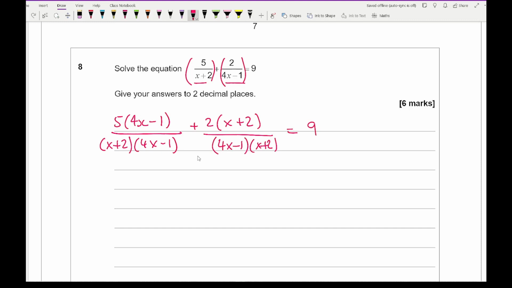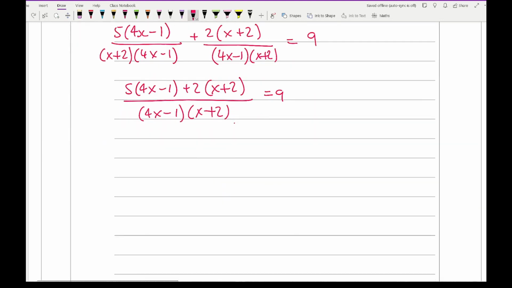Then, as I've got a common denominator, I can write it all as one fraction. So 5 lots of 4x minus 1 plus 2 lots of x plus 2, all over 4x minus 1 times x plus 2, equals 9. I can then take this denominator over to the side, so I end up with 20x minus 5 plus 2x plus 4 equals 9 lots of 4x minus 1 times x plus 2.